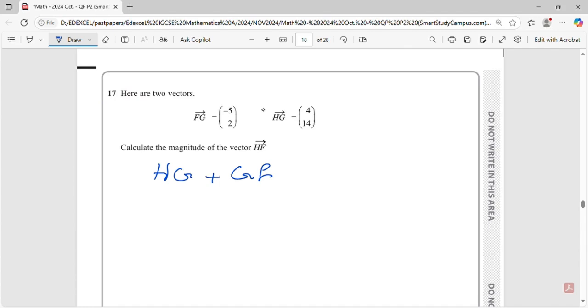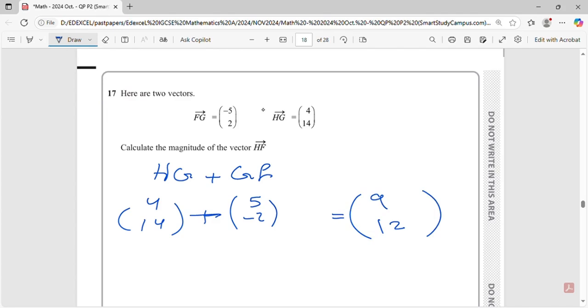In these situations, I will assume that GF, if I need the inverse direction, I have to inverse every sign, so it will be 5 and negative 2. This is all plus 4 and 14, of course. After I make this calculation, HF will be 4 plus 5, which is equal to 9, and this is equal to 12. So this is the final answer.